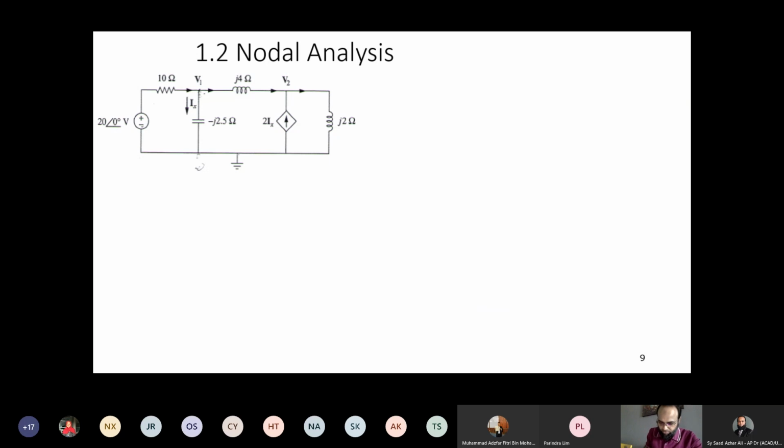So normally I write at V1: V1 minus 20, you can see that this is 20 angle 0, upon 10, plus V1 upon minus J2.5, plus V1 minus V2 upon J4 equal to 0.